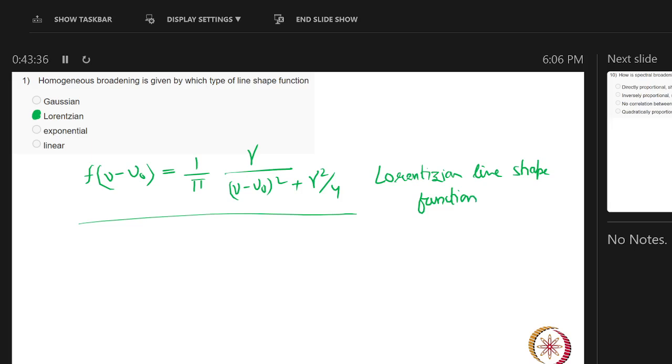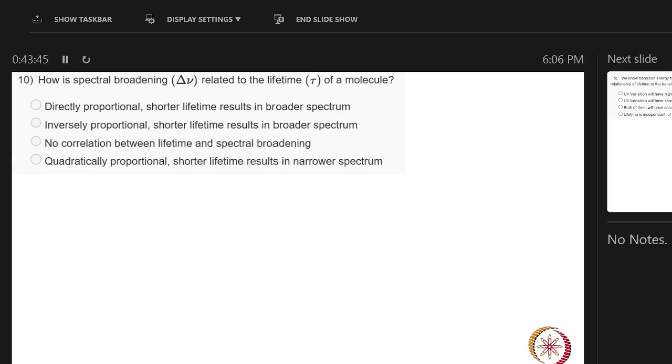One example of homogeneous broadening is gas at high pressure. The second question is how the spectral broadening, where nu naught is the frequency of the transition, is related to the lifetime of a molecule. To see that, we can write the Heisenberg uncertainty equation like this: delta E delta T is approximately equal to h bar.